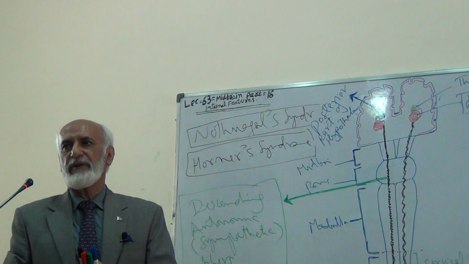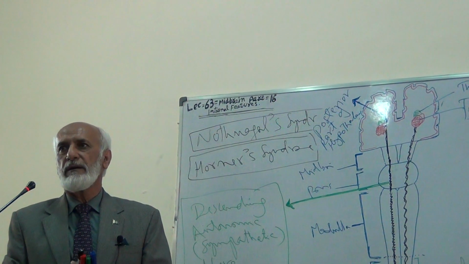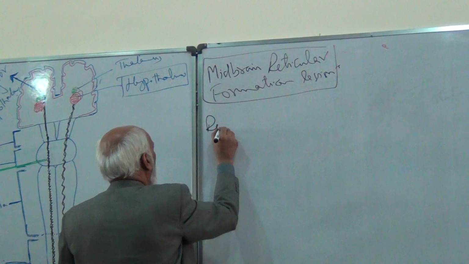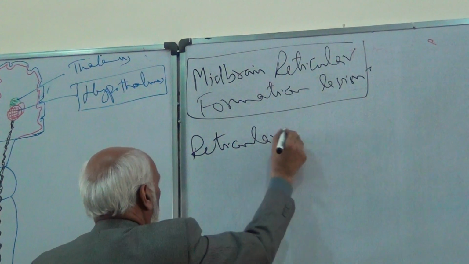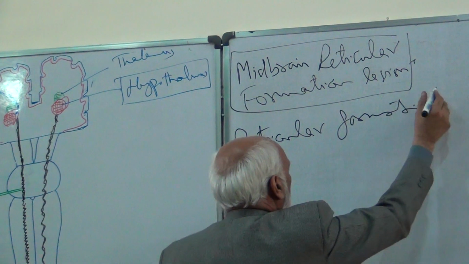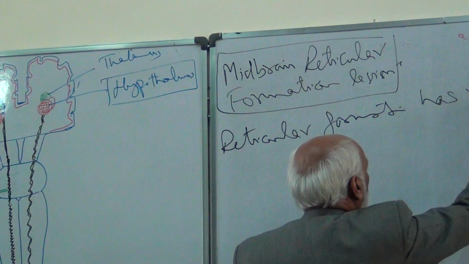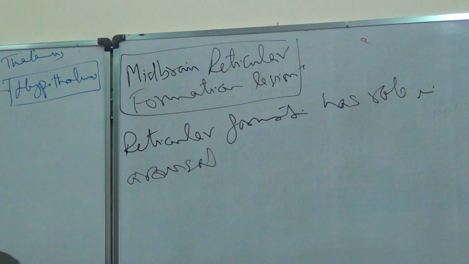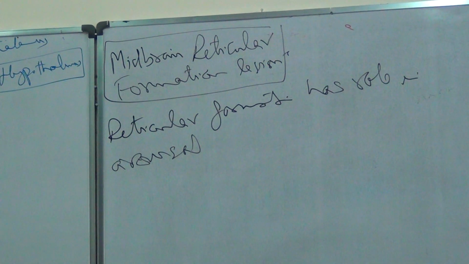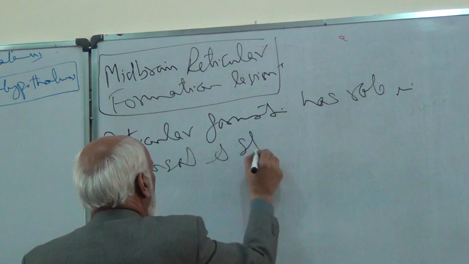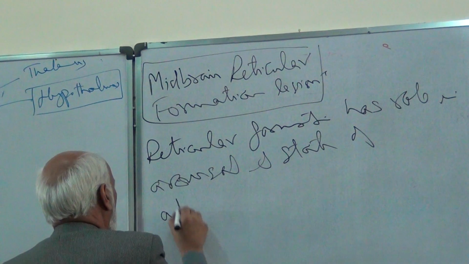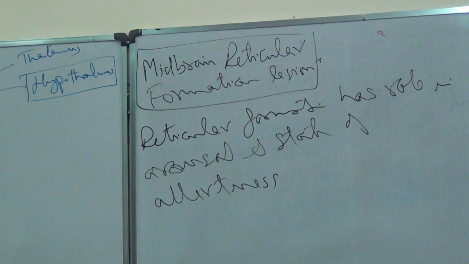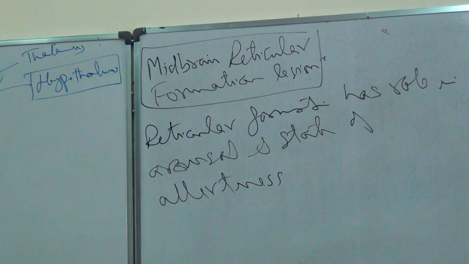What is the role of reticular formation? Reticular formation has a role in arousal and state of alertness of the individual, keeping the person alert and conscious.